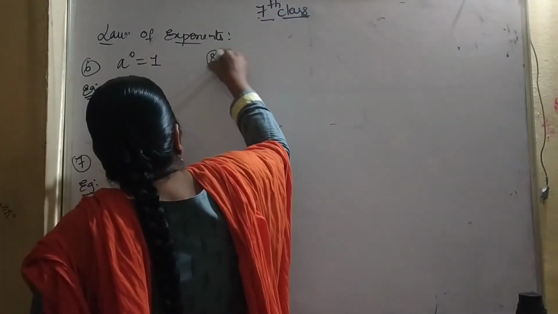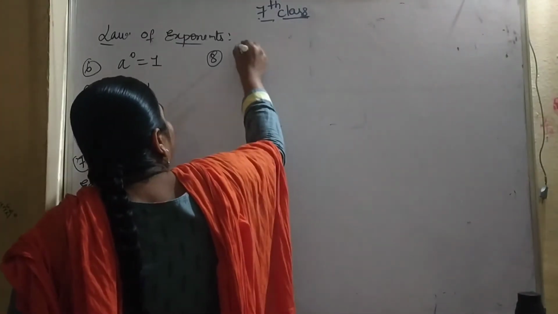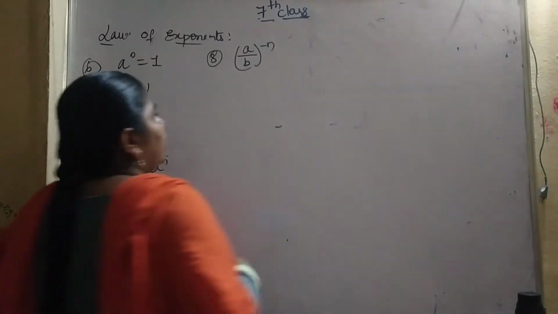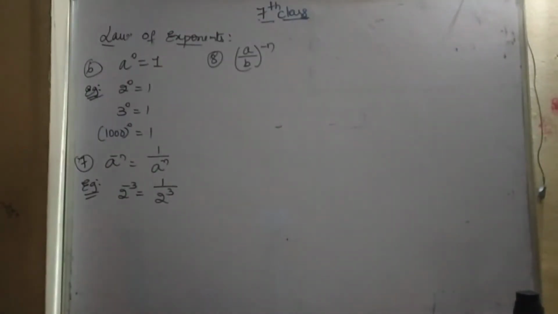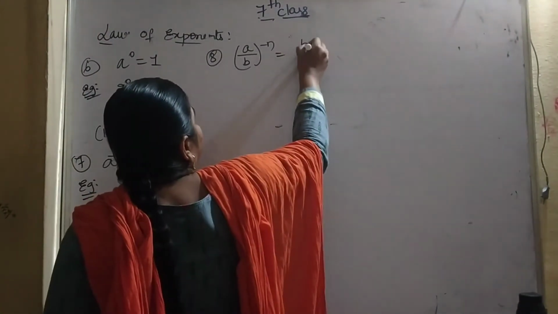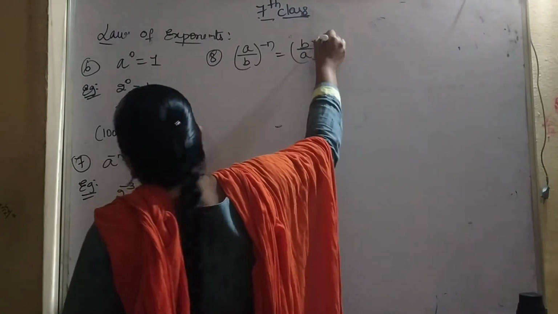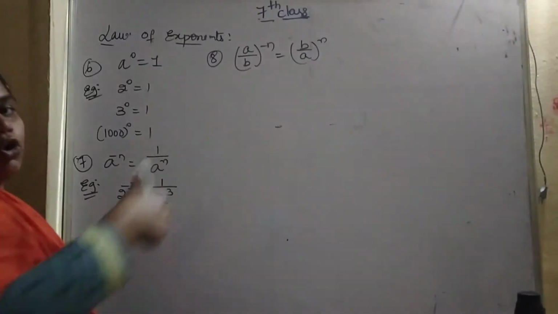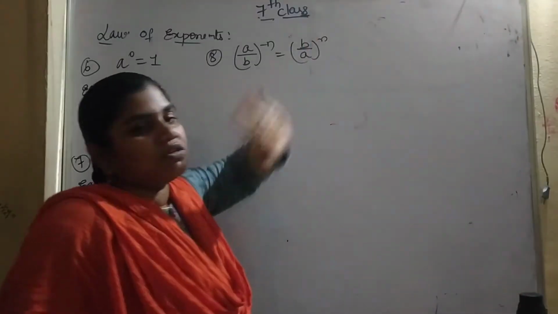Eighth condition is a by b whole power minus n. So a by b is in the form of a fraction. A by b whole power minus n is equal to b by a whole power n. The value will be reciprocal and the negative sign will become positive here.